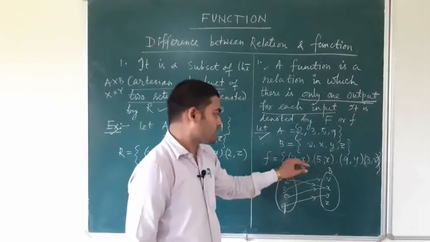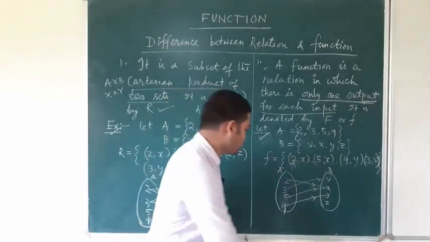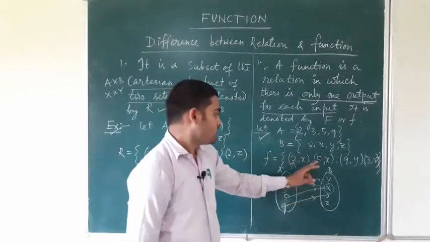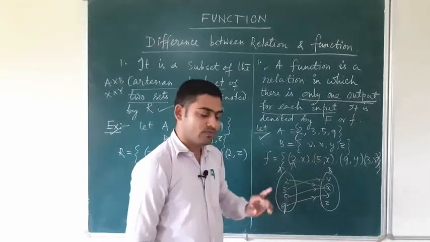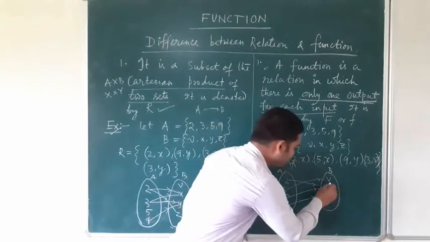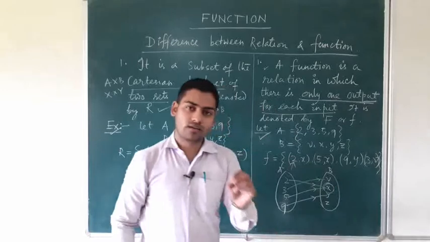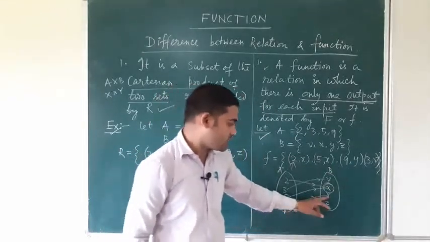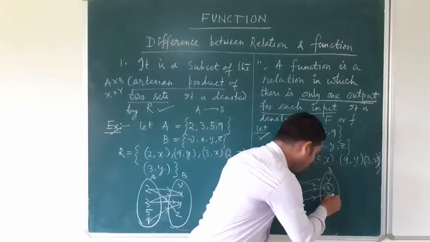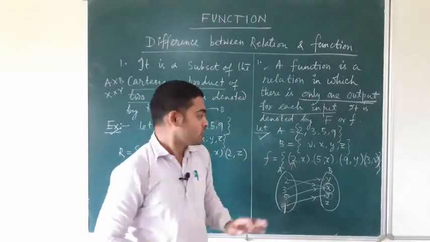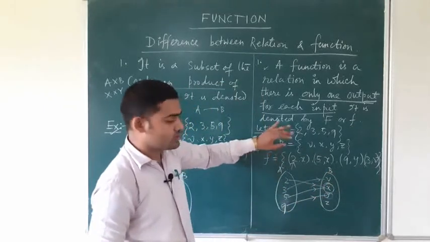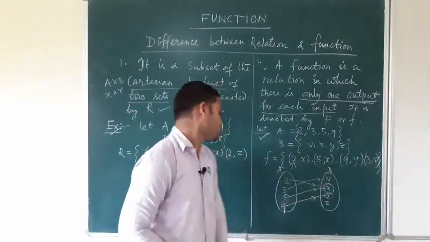For 2 we are getting exactly one output, that is X. For 5 and for 9 we are getting exactly one output. So this relation is a function.